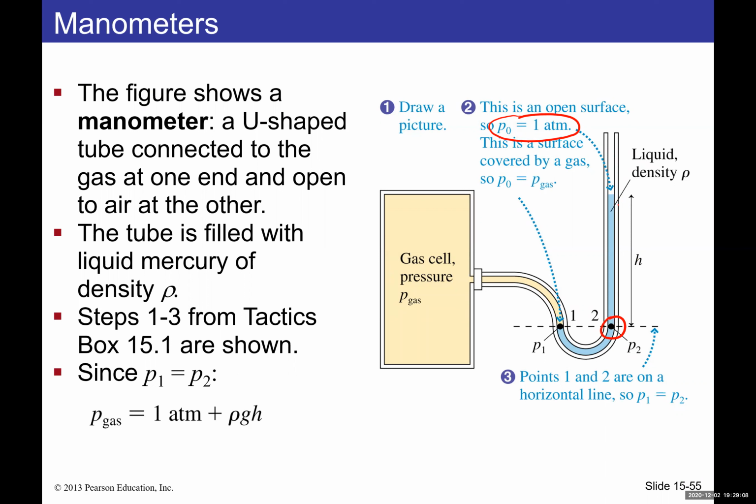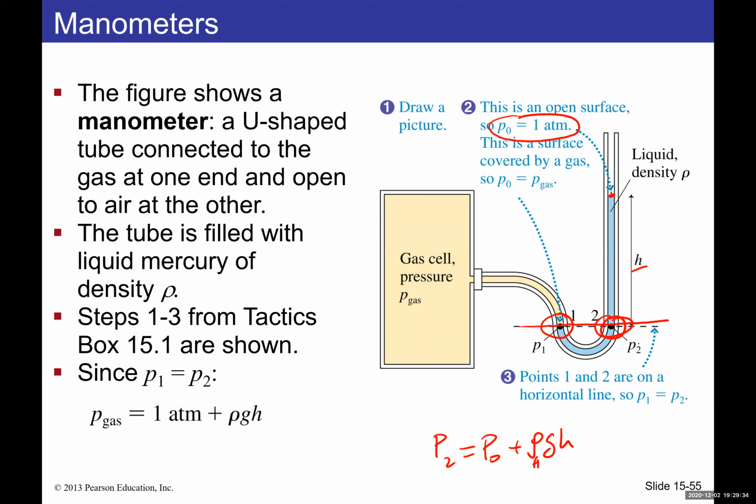What we can do here is measure the height h, because point 1 is the boundary between a gas and a liquid. Along the horizontal line, we can measure the pressure at point 2, which is easy: the pressure at point 2 equals atmospheric pressure at the top, plus rho g times h, which is the density of the fluid times g times the height h.